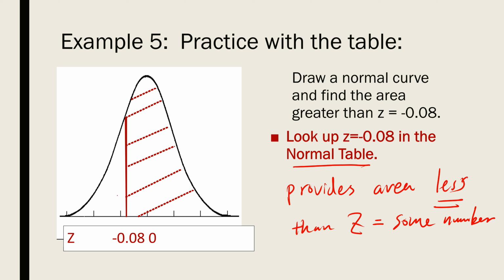What you can do is find the area of this transparent area first, then use 1 subtract the transparent area, and you get the area greater than z equals negative 0.08.